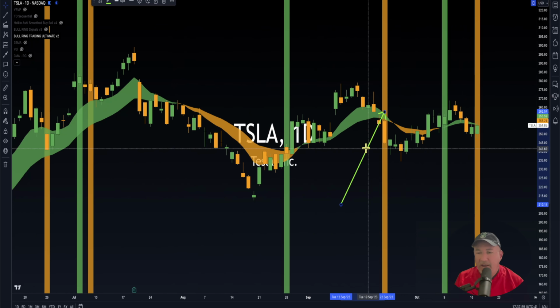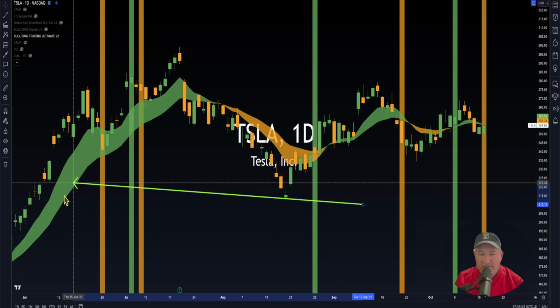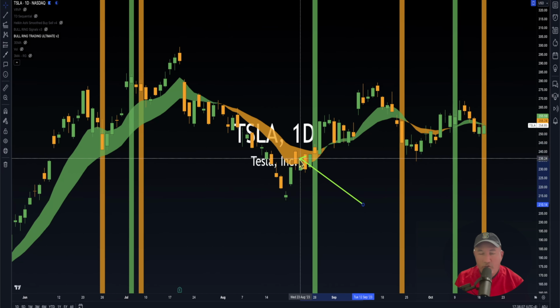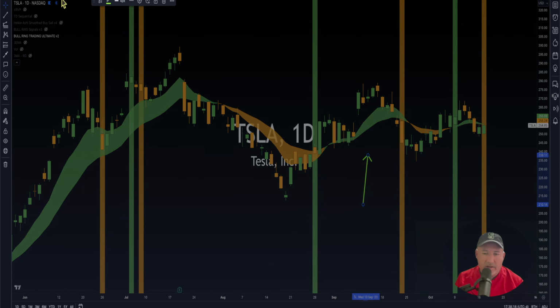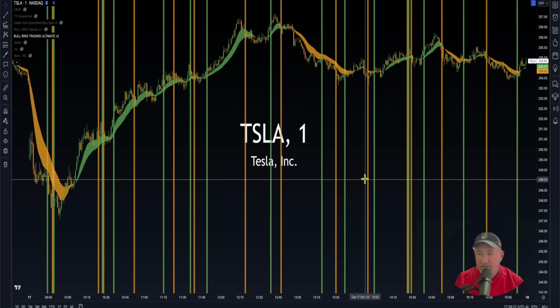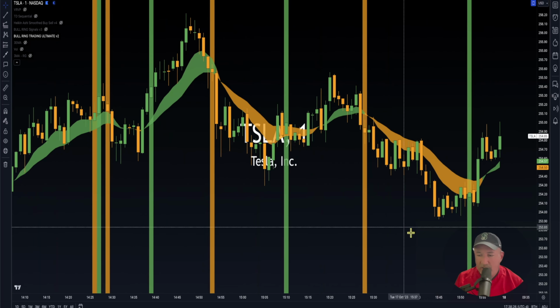Now this is Tesla, and you can see that Tesla has some real big moves up. Moves down, not as big, but still they pay well if you understand how to make money on the way down, guys. So if you're trading on the 1 minute chart, like I do, this is what you're going to see for the day. So let's take a look at Tesla for 1 day.